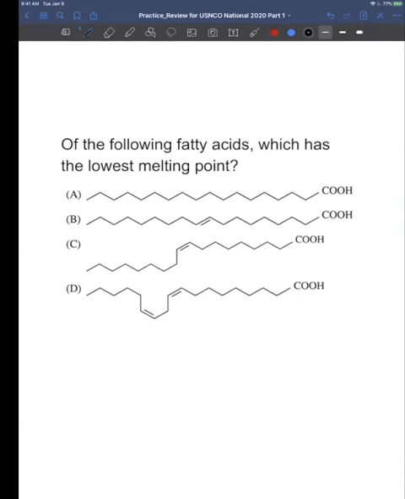I think it's the last question in the Local 2020, right? Asking to explain why the unsaturated fatty acid has a lower melting point than the saturated one.